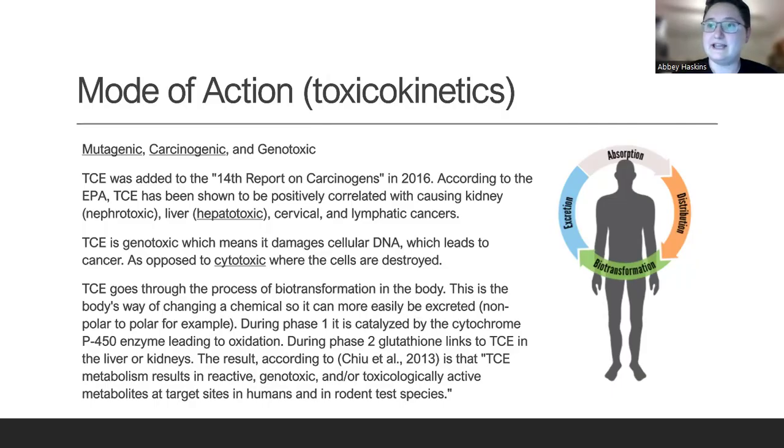So essentially what this is saying is because the metabolism, or this biotransformation, is occurring in the liver and the kidneys, it transforms the TCE into something more dangerous, and it's happening in those two places. So the chemical that you end up with is now in those two spaces, and that is carcinogenic. And that's why, like up here, I had said that kidney and liver cancer are the top two. It's because it's metabolized in those two places.